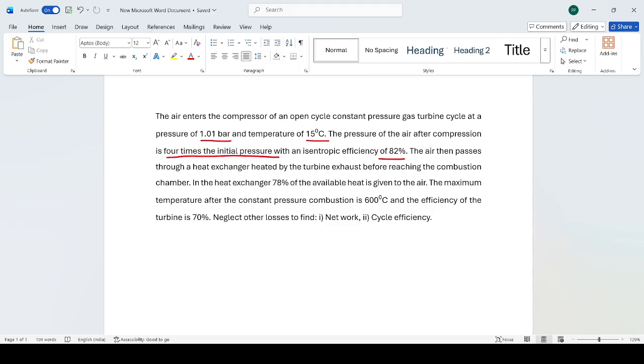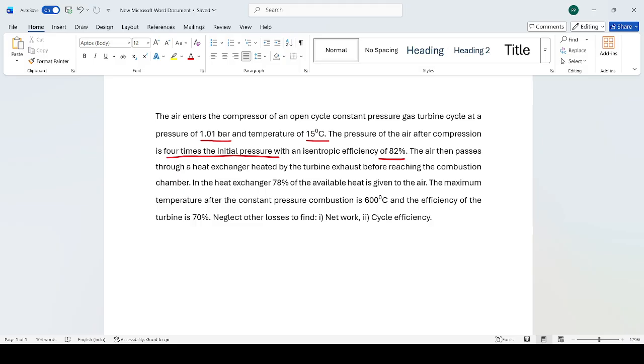The air then passes through a heat exchanger heated by the turbine exhaust before reaching the combustion chamber. This is a very important statement. It states that the air after compression passes through a heat exchanger and this air is heated by the turbine exhaust before the air reaches the combustion chamber.